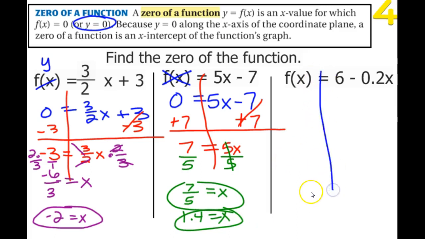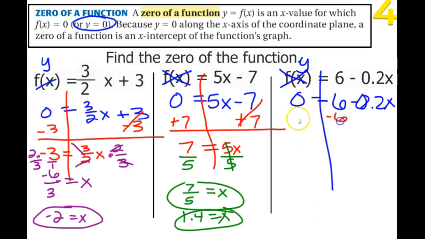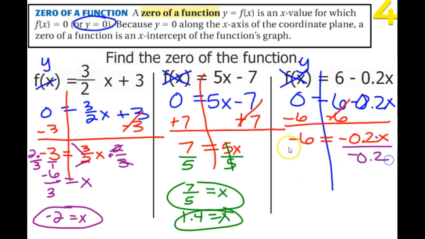Last one, I want you to try this on your own and then see if you got the answer right. This is really y, so we're plugging in when y is 0. And then getting x all by itself, I'm going to first subtract 6. We have negative 6 equals negative 0.2x. And then the opposite of multiplying is dividing by 0.2.